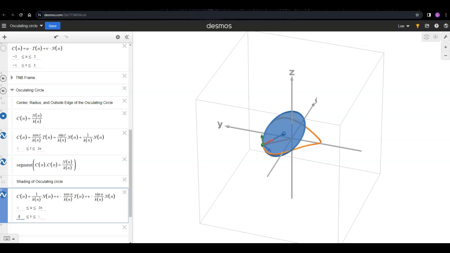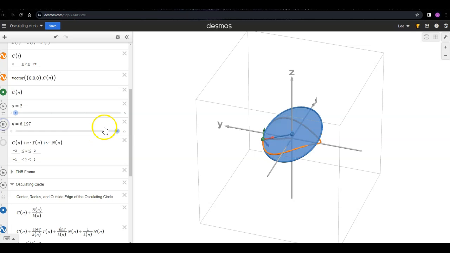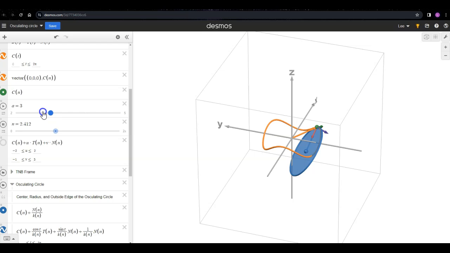So that's how you can do it in Desmos without necessarily having to calculate all these things. I didn't have to calculate curvature. I didn't have to calculate the tangent. Desmos is just going to display those for any particular time that I might want. And we can also see, if I adjust that A, the more curvy I make this, the smaller those circles get, and as we get to the bigger values, the bigger that circle gets.